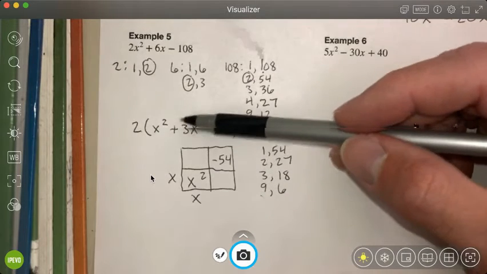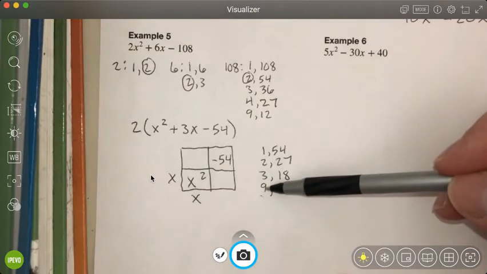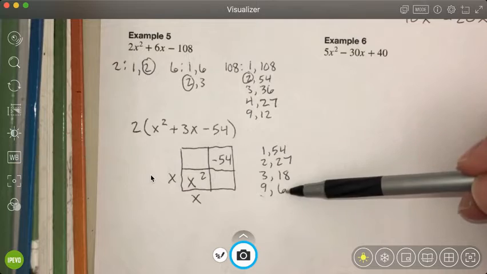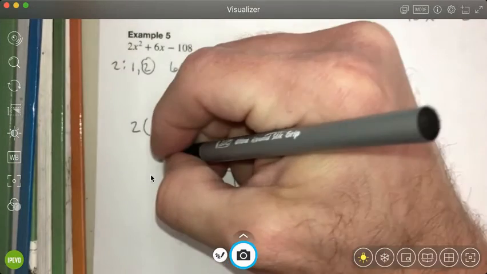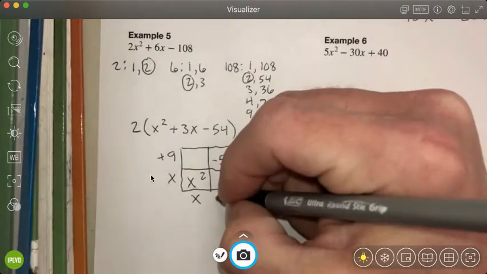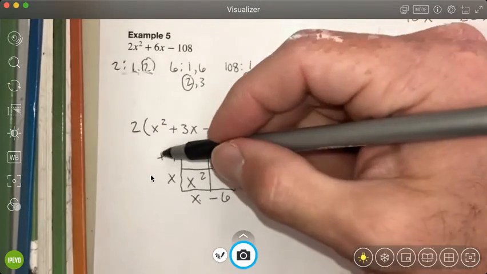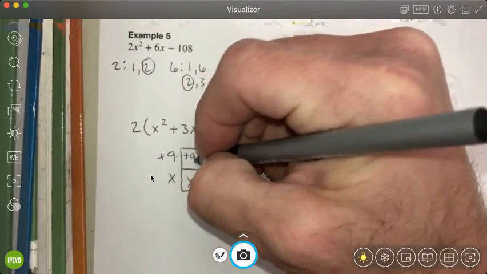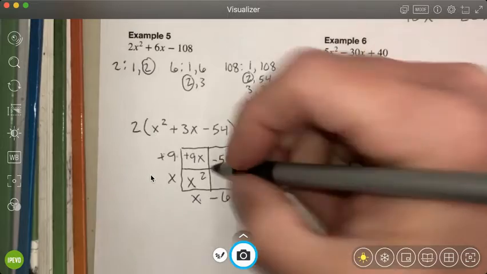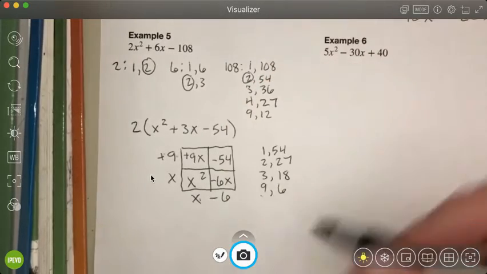I know it needs to be a positive 3, so I'm thinking maybe the 9 should be positive and the 6 should be negative. So I'm going to give that a go. All right, x times positive 9x, negative 6 times x, negative 6x.